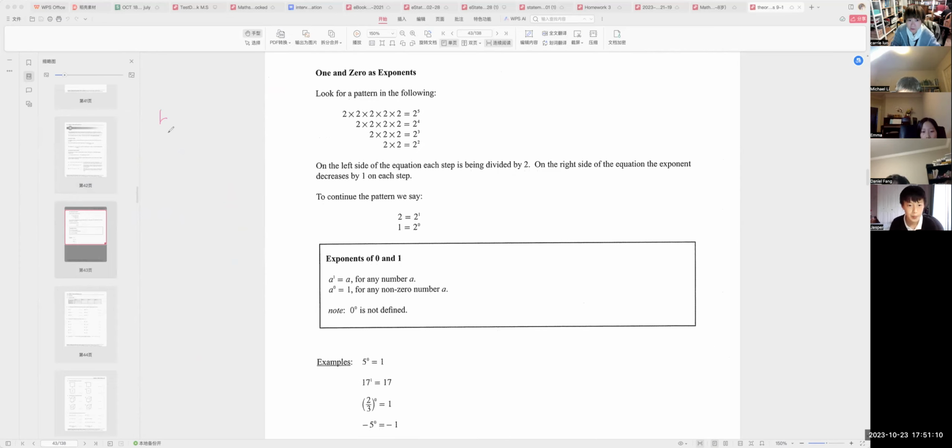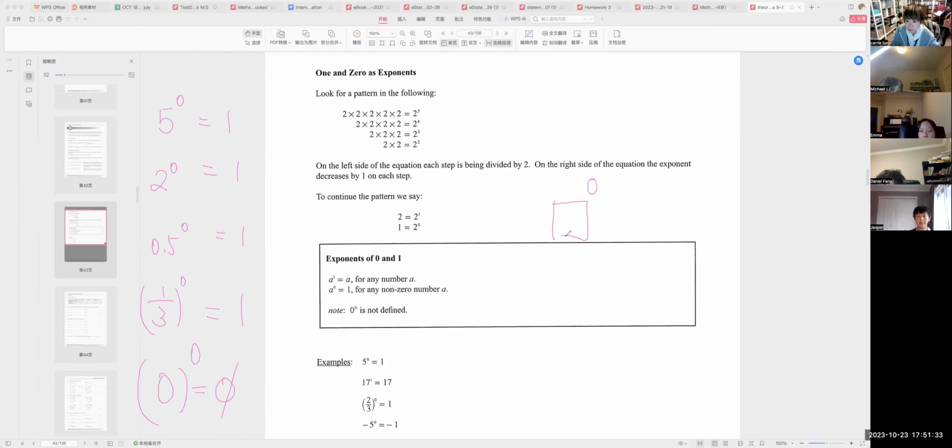If you have 5 to the power 0, 2 to the power 0, 0.5 power 0, or 1/3 power 0, the answer is always 1. There's only one special case: 0 to the power 0 does not exist. So if you have a power of 0, the base cannot be 0. Everybody, if you want to take notes, now is the time.